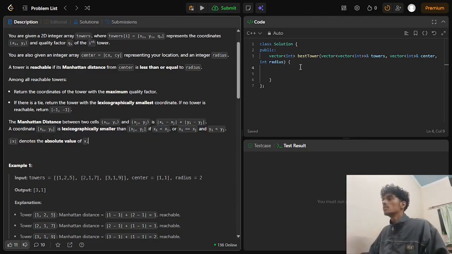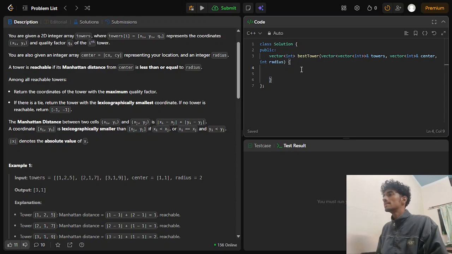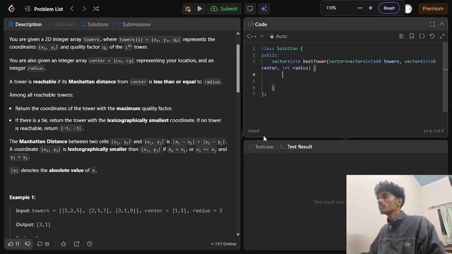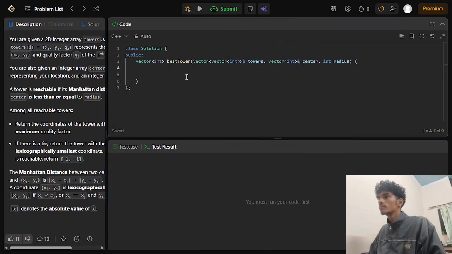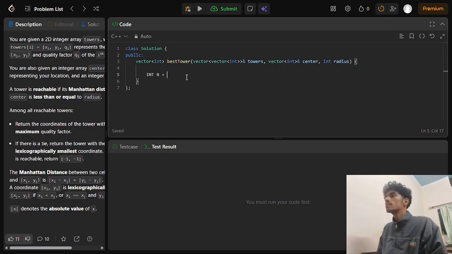Okay, so now I'll be implementing this problem. Let's see what we can do over here. First, as I've already told you, we can take an int, then we can take a vector which will be our output.